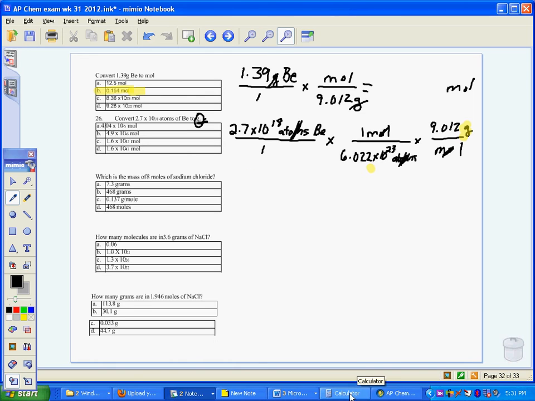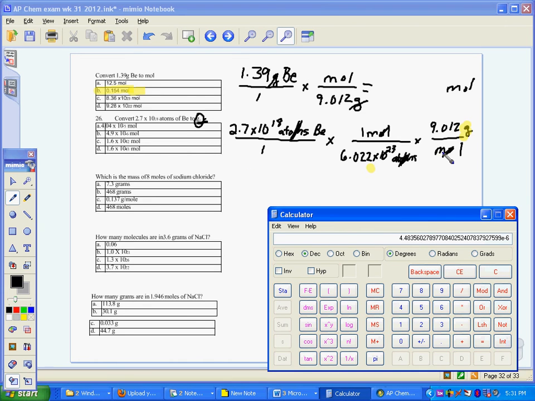So we're going to take this number and multiply it by 9.012 grams, and we get 4.05 times 10 to the negative 5th grams.